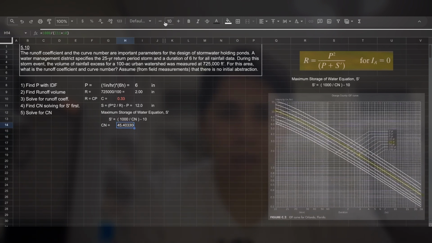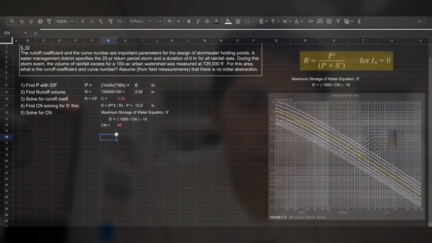So you can just round it to 45, and this will be the answer for this other problem. This problem is interesting because they're asking us to solve for the curve number that will represent this storm under these conditions, the volume and the area of our watershed, and you just need to use this equation right here.